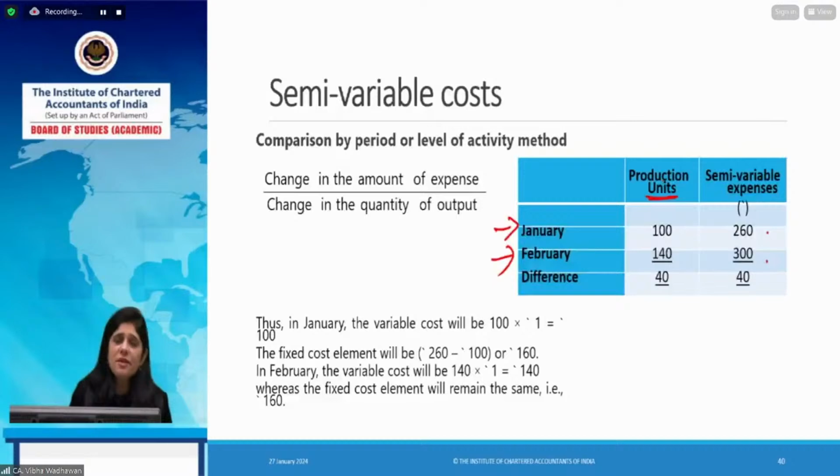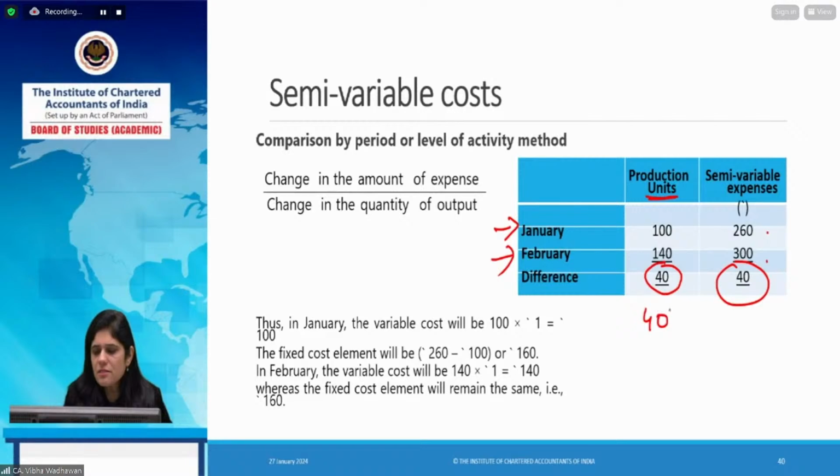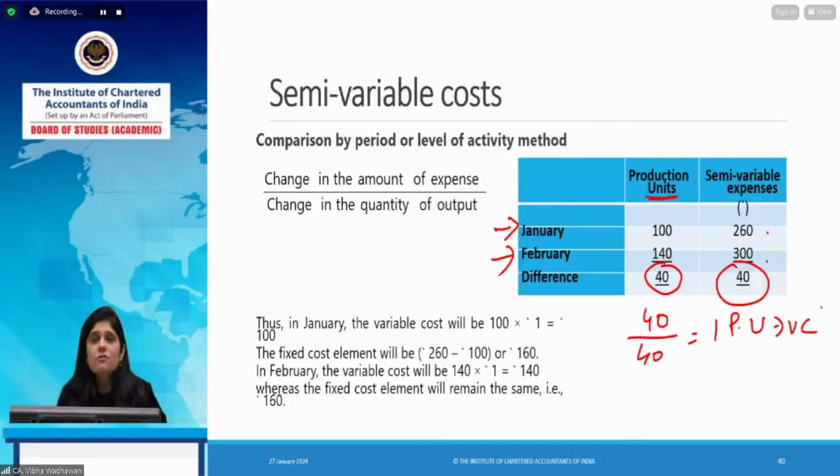In the last method, we had the sales. Here we have production units for January and then February. So the difference in the units and the difference in cost. Divide the difference in cost by the difference in units. Clear? So 1 per unit. It is variable cost.